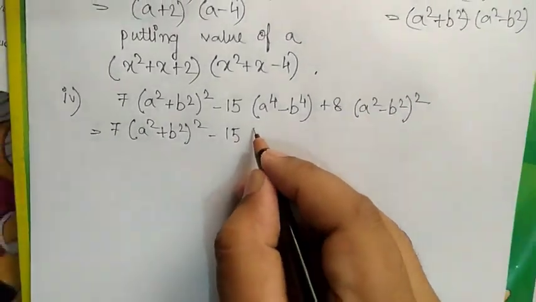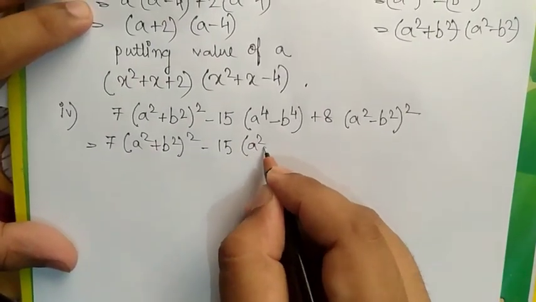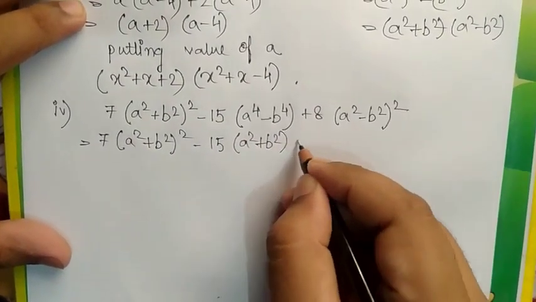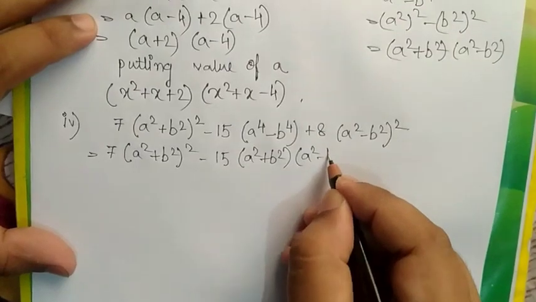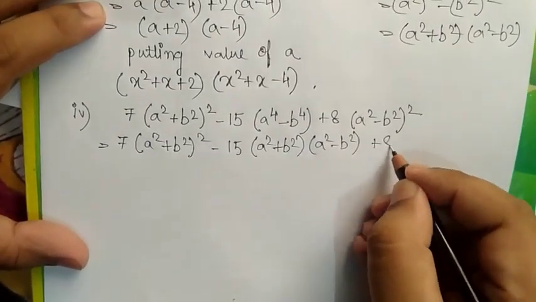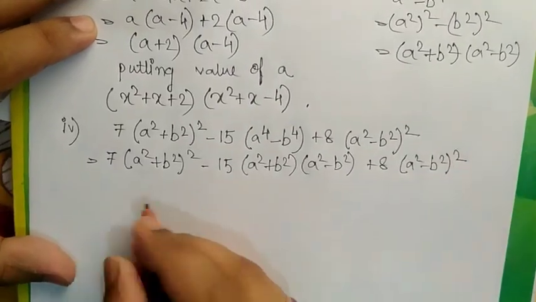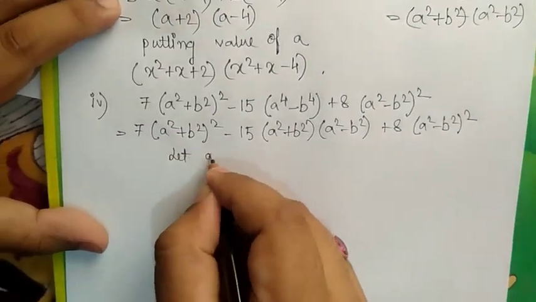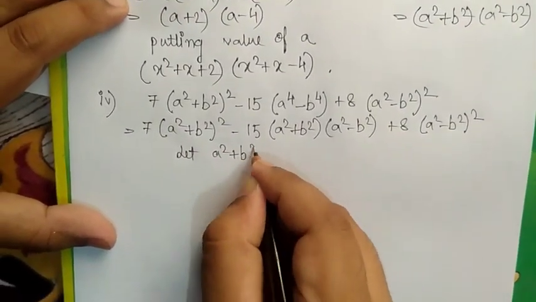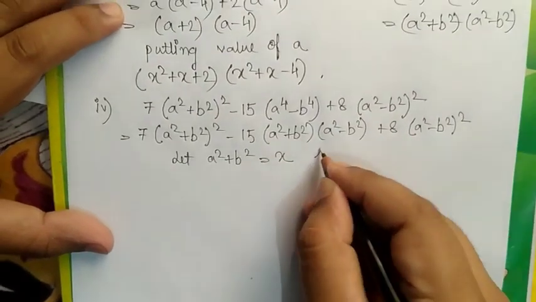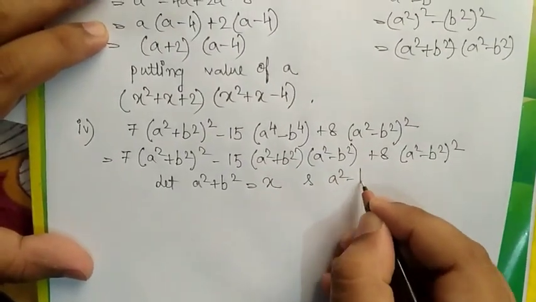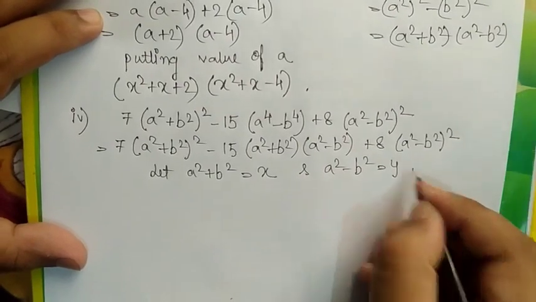So therefore we can write here (a square plus b square) into (a square minus b square) plus 8(a square minus b square) whole square. Let a square plus b square equal to x and a square minus b square equal to y.